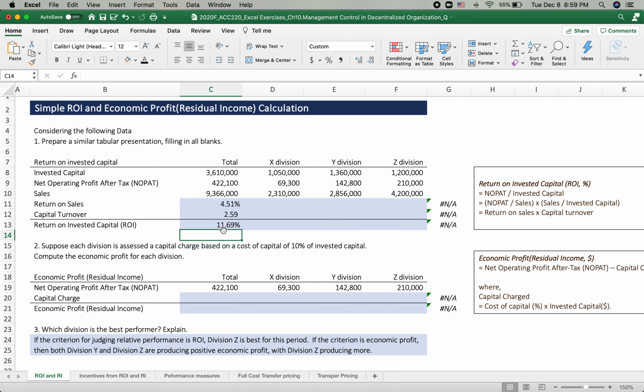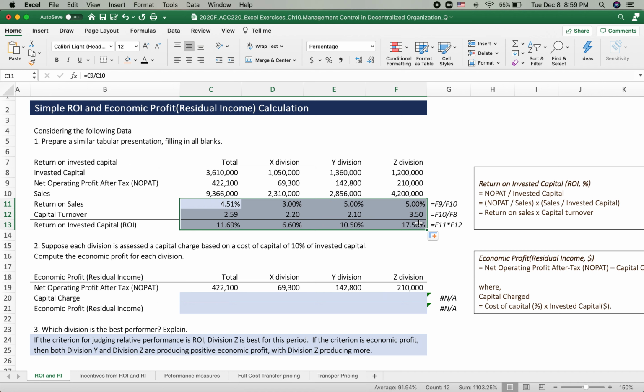Definitely, the greater the percentage of return on invested capital, the better. Once we create this cell, let's just drag to the right, and then for all the divisions, the return on invested capital, capital turnover, and return on sales have been created.